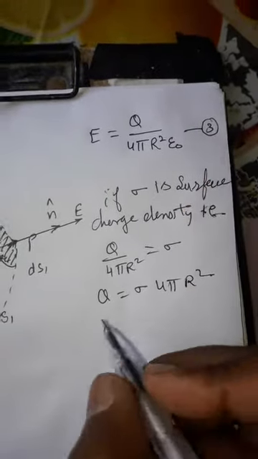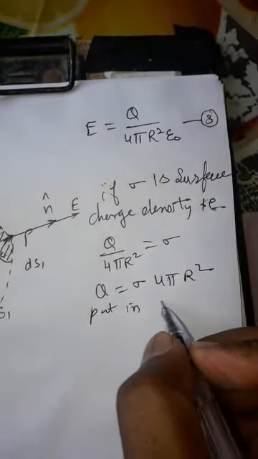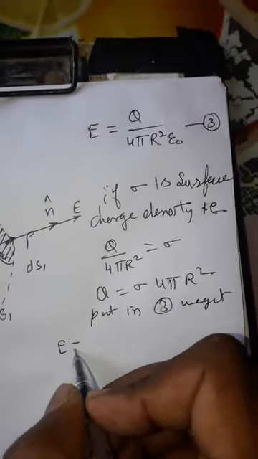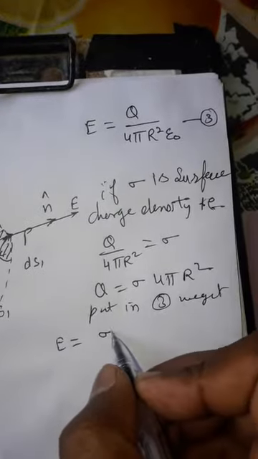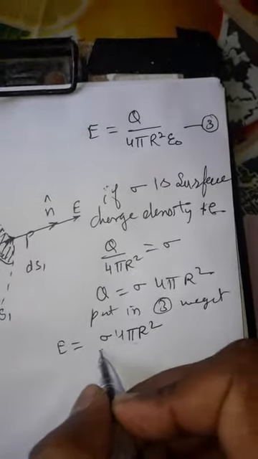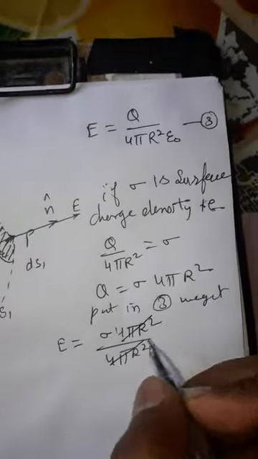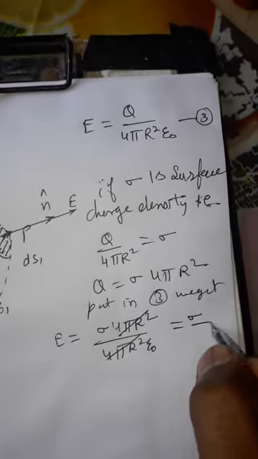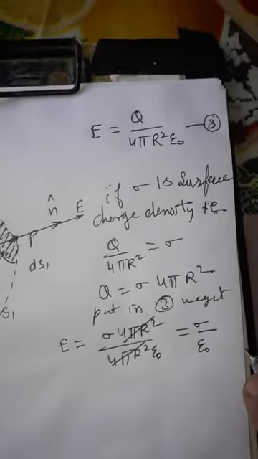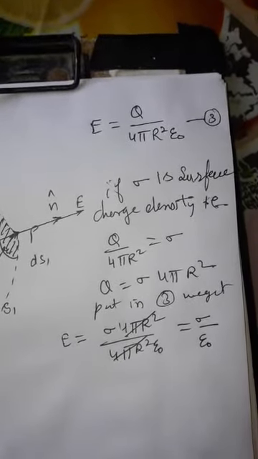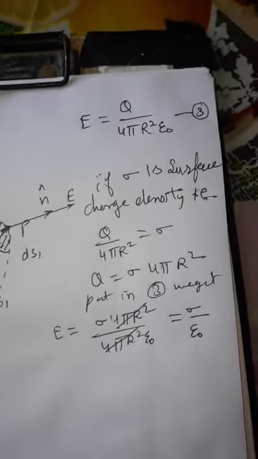Putting in equation 3, we get the electric field on the surface equal to sigma into 4 pi R square upon 4 pi R square epsilon naught. So 4 pi R square cancels out and we remain with sigma upon epsilon naught. So electric field depends on the surface charge density of the charged spherical shell.